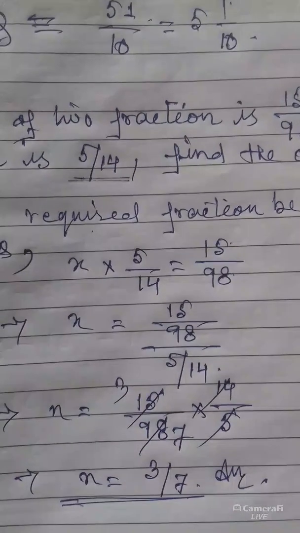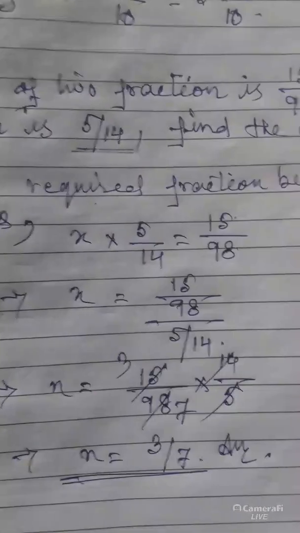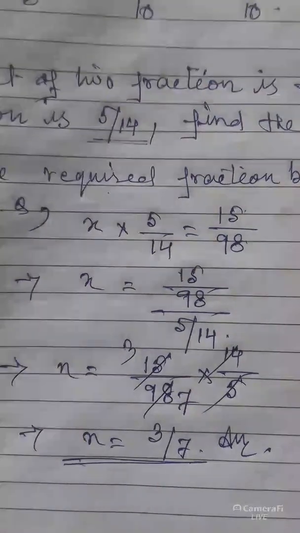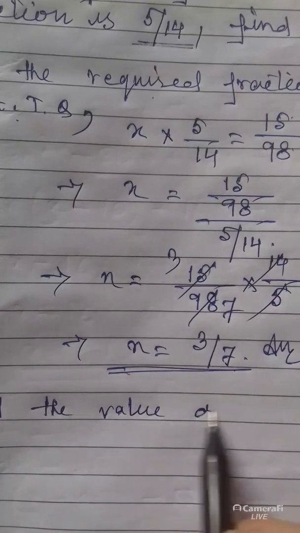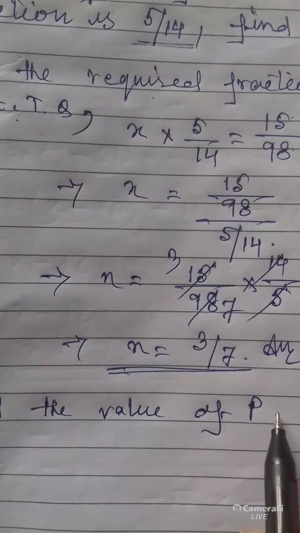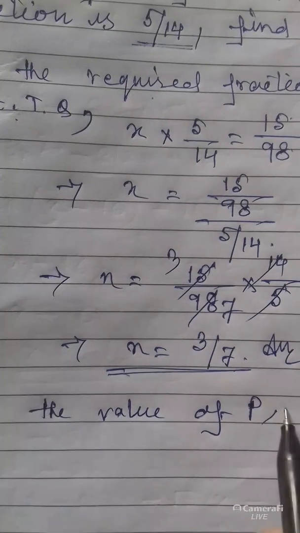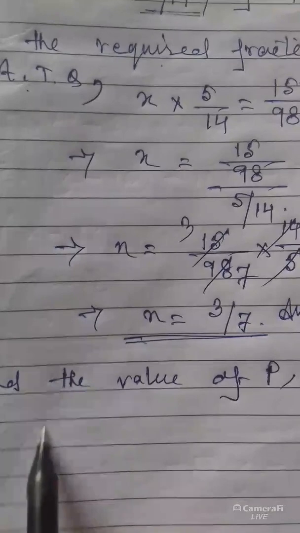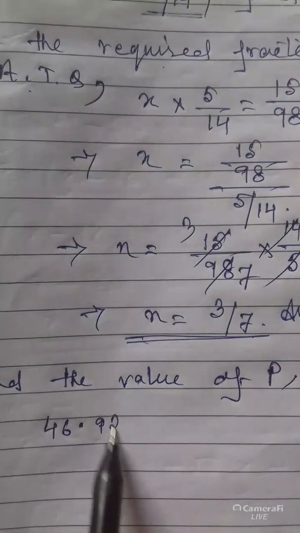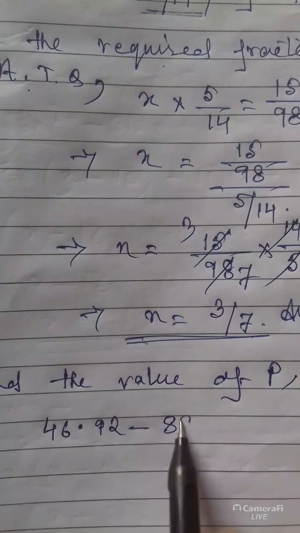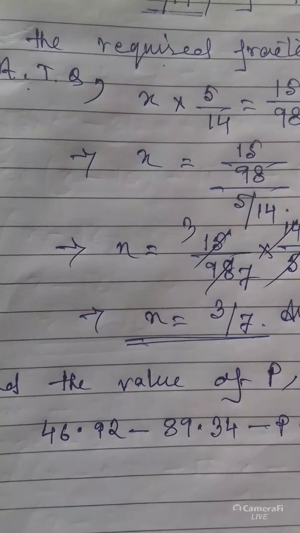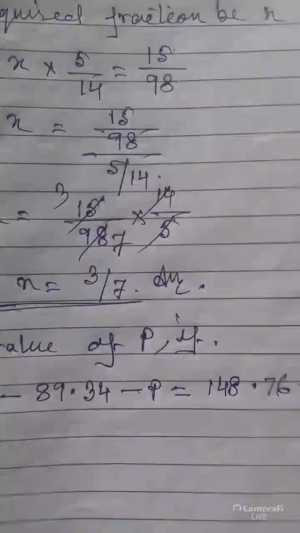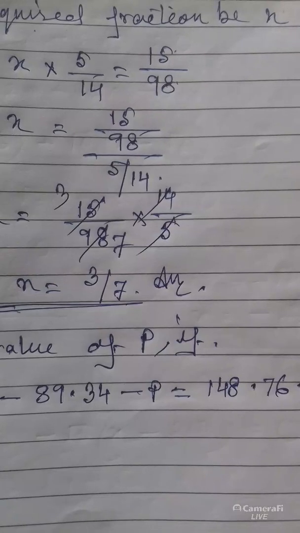Okay. Now another type of question. Find the value of P if 46.92 minus 89.34 minus P equal to 148.76 minus 382.79.